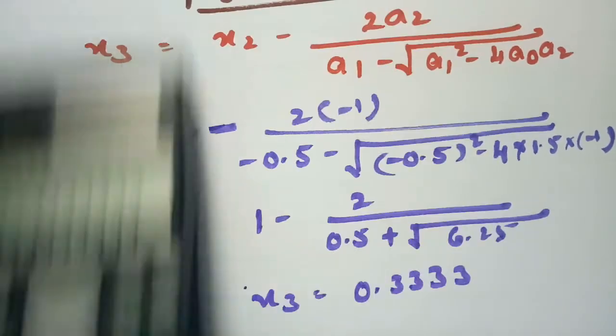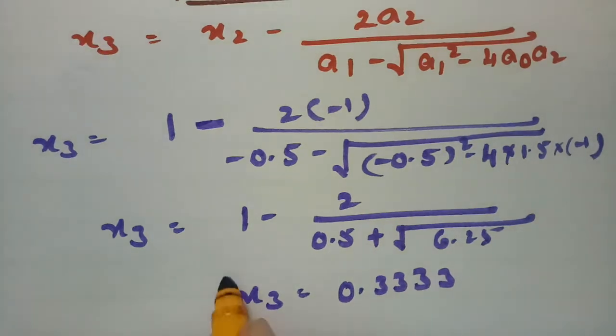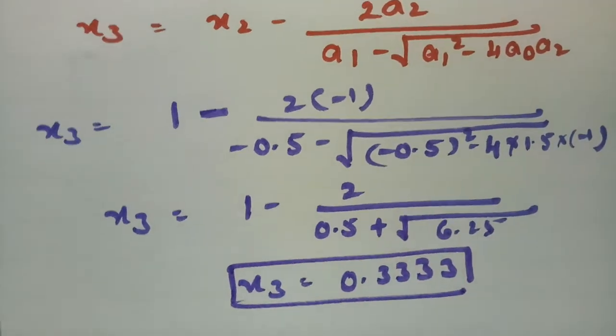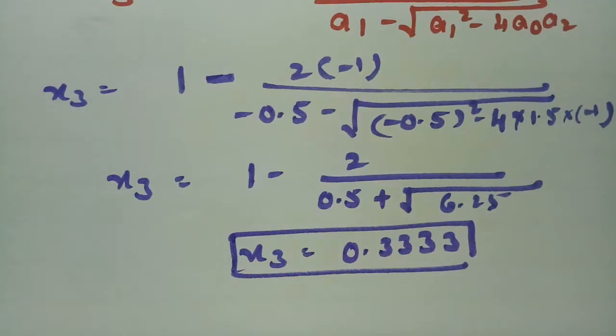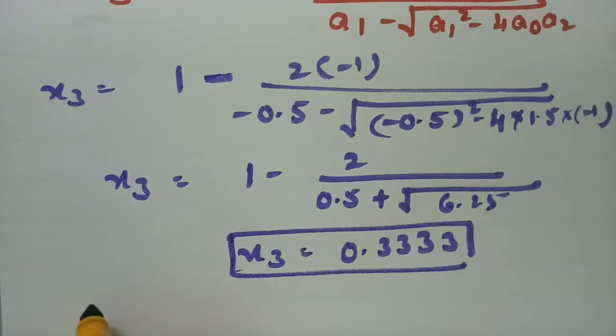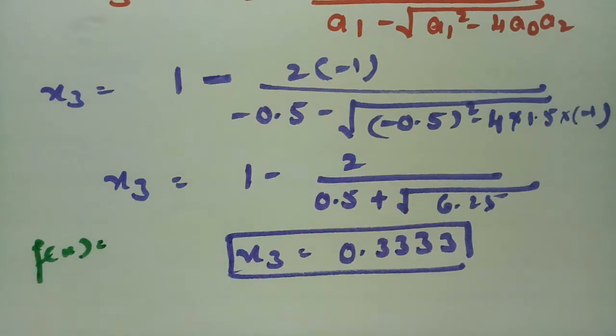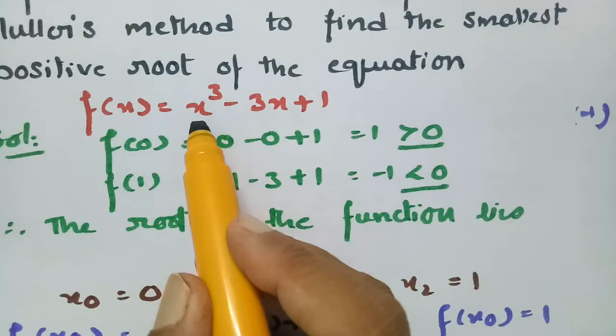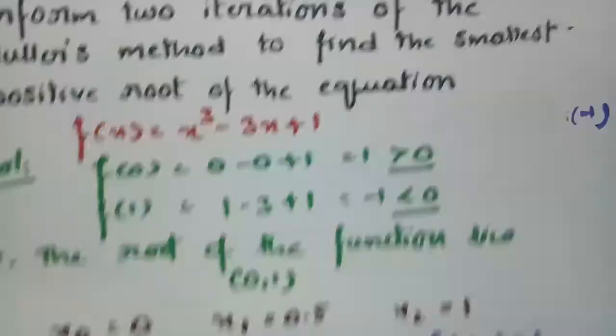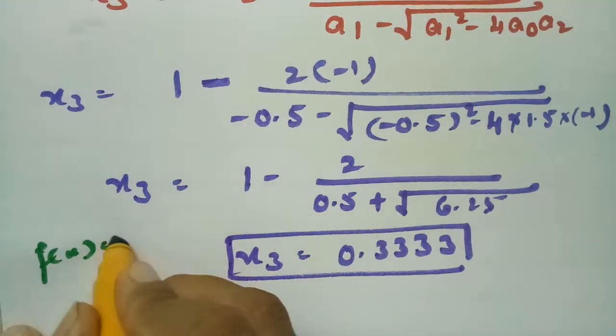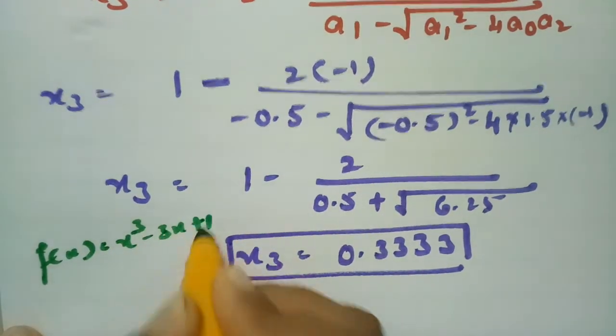So after getting x3, we need the value of f of x3. See here, let me show you the function. The function f of x from the question here is x cube minus 3x plus 1.